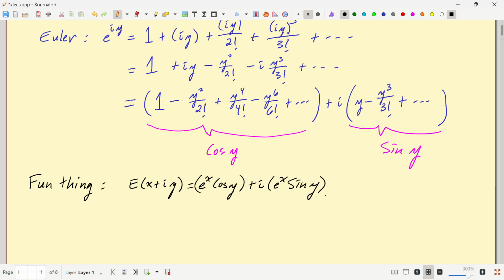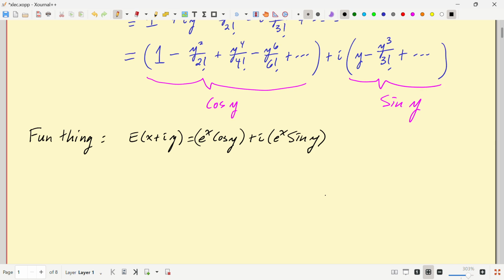Then you can show that e is complex differentiable. So e prime of z naught is going to be the limit, as the complex number z tends to z naught, of the difference quotient, e of z minus e of z naught over z minus z naught.